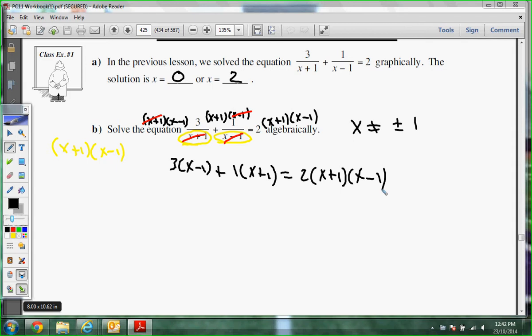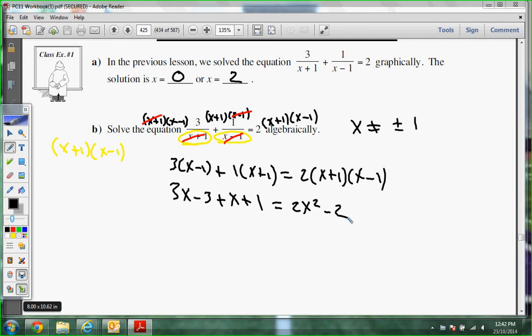If I distribute here, I get 3x minus 3. Don't really distribute a 1, so it's going to be plus x plus 1. My right side, I know it's a difference of squares, so it's going to give me 2x squared minus 2 when I distribute. Now we want to move everything to one side.